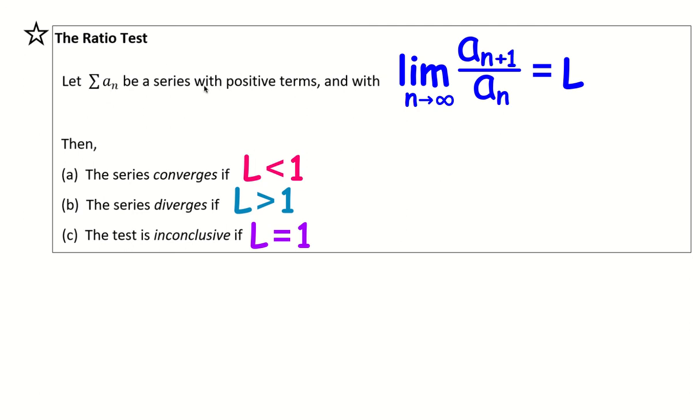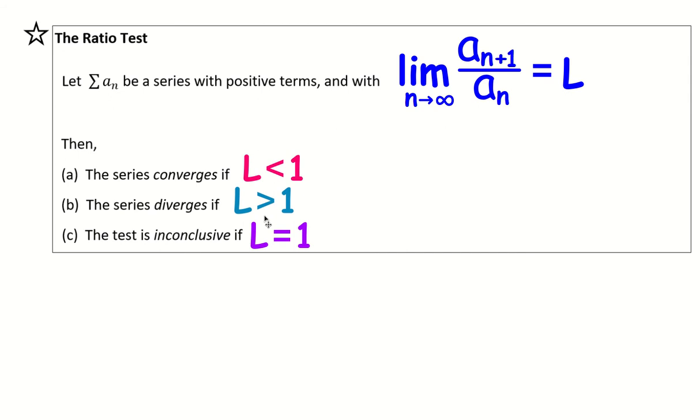Let the series have positive terms, and you take the limit of a sub n plus 1 all over a sub n, and you get some limit L. Whatever your series is, you take this limit and you get L. If your limit is less than 1, then the series converges.